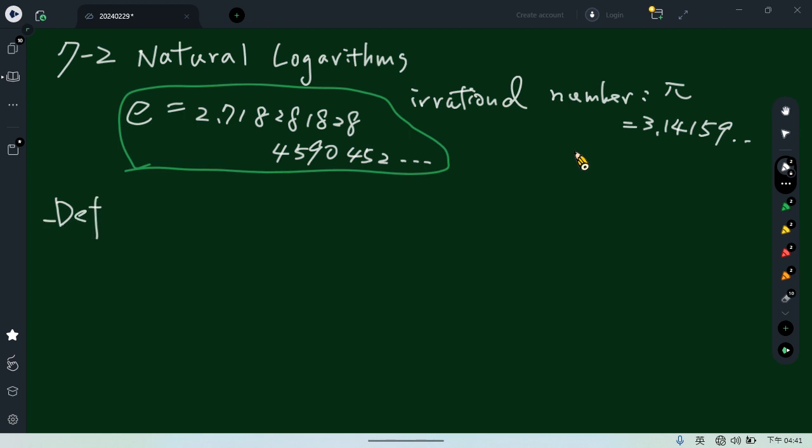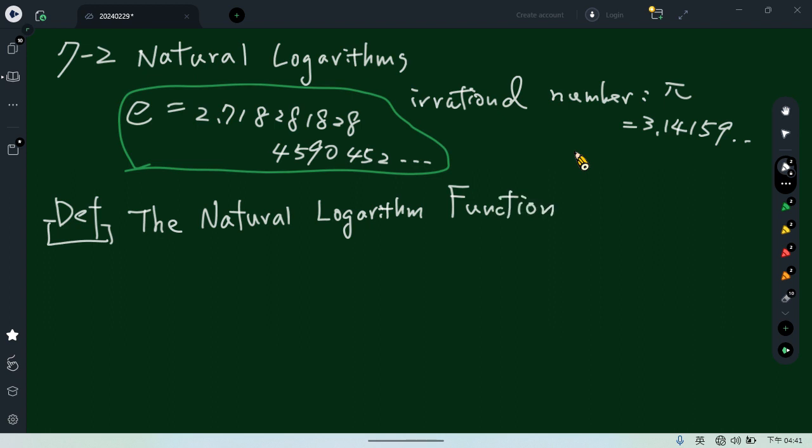So we need to face the first definition related to this number. This is the natural logarithm function. We will define a natural logarithm function.